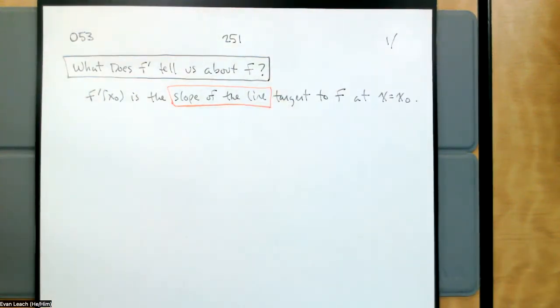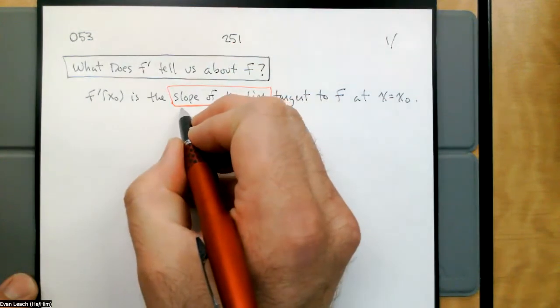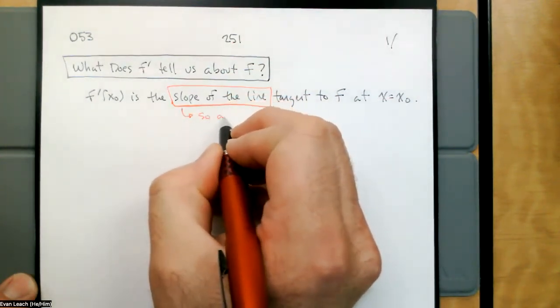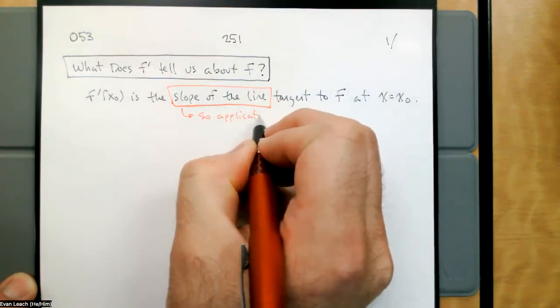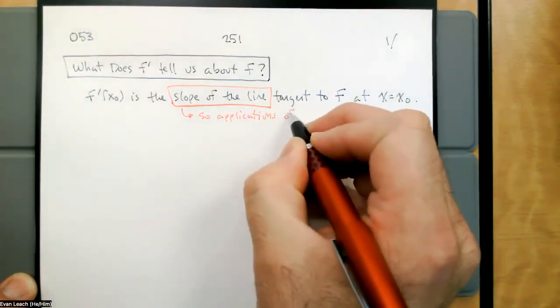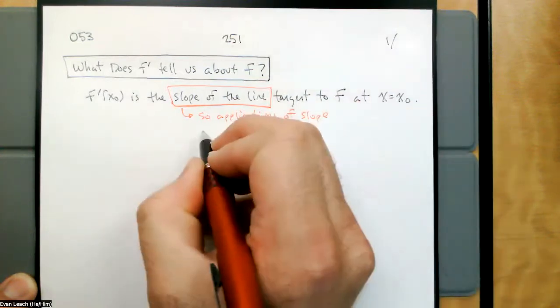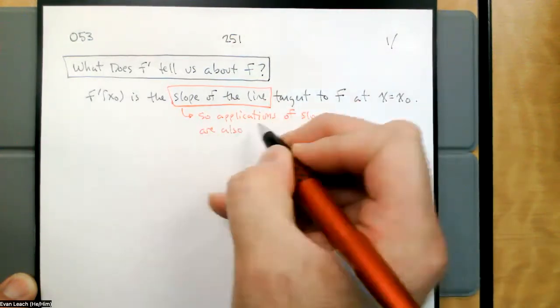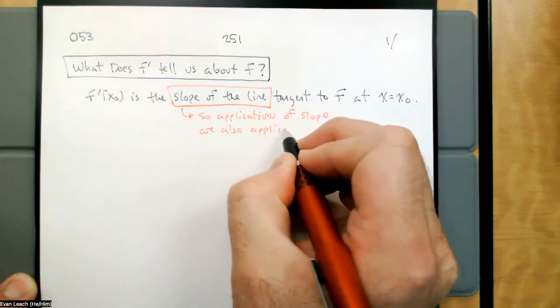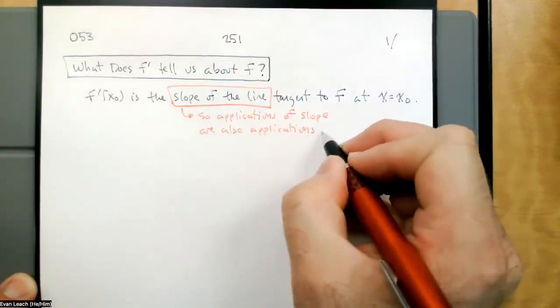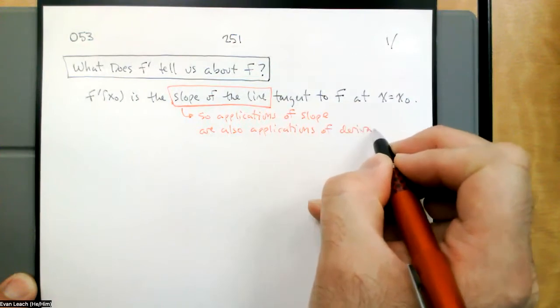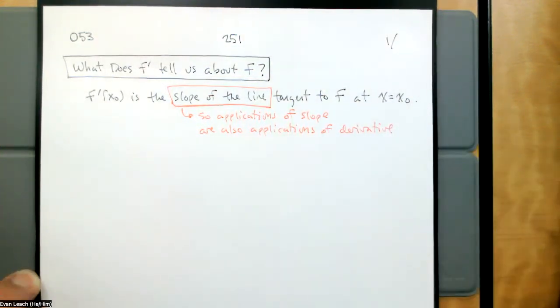So from an overly simplified standpoint, applications of slope are applications of the derivative. Anything that a slope is telling us is something that a derivative will be telling us.